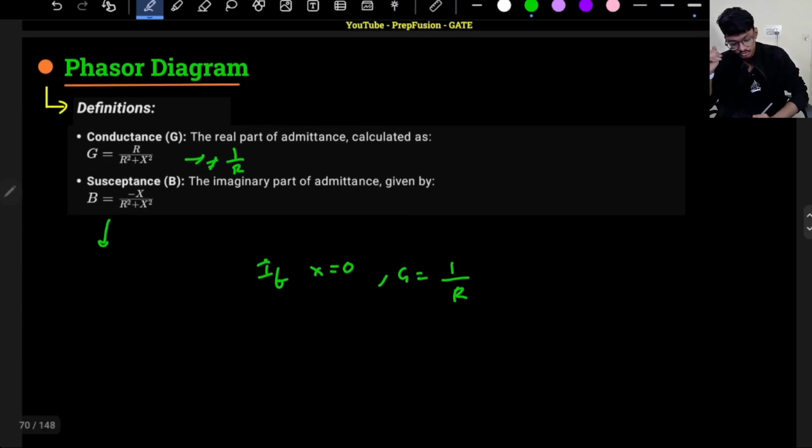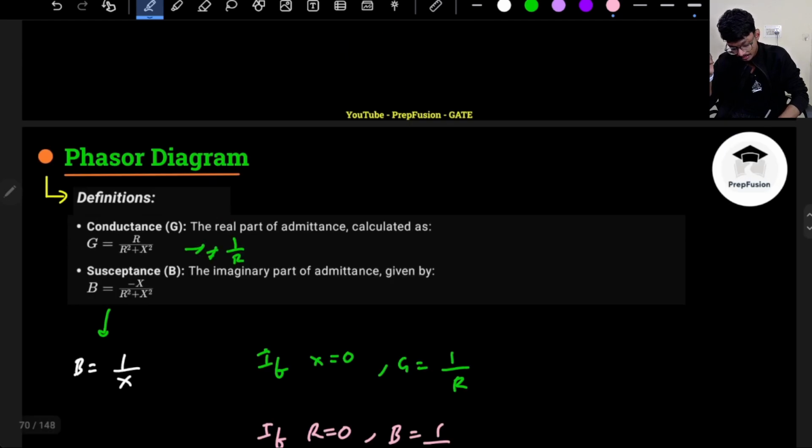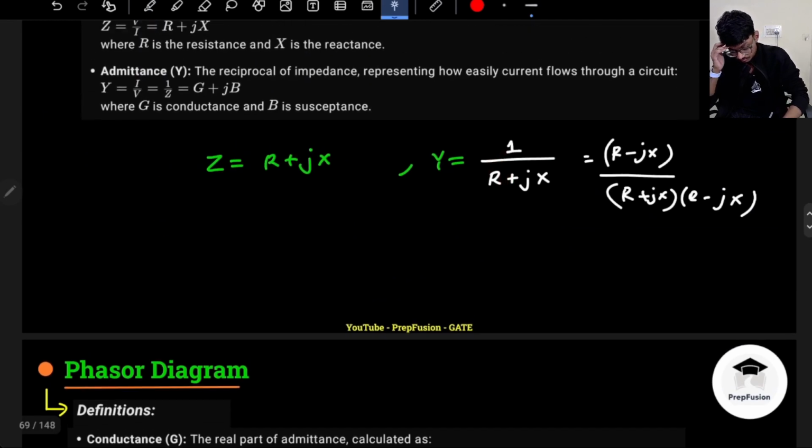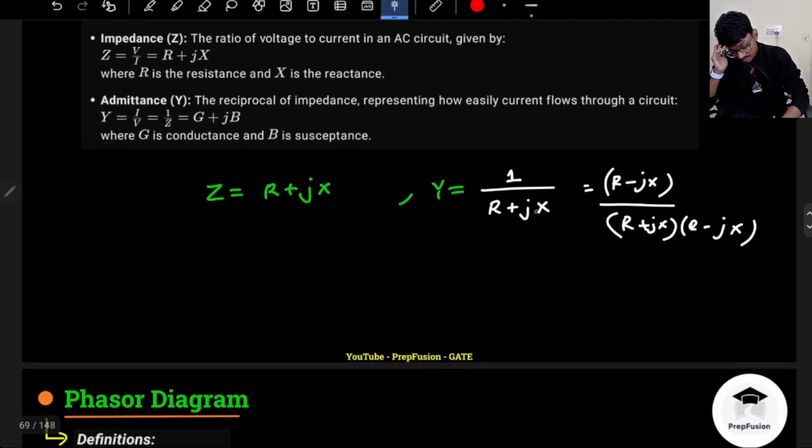Again here as well, many students get confused, they write the susceptance to be the inverse of reactance. It is not always the case. When will it happen? Again, same condition. If my resistive component R is 0, then my susceptance will be simply 1 by X. How does it happen? If the resistive component is 0, this becomes 0, right? So then my susceptance is 1 by jX and the minus sign will go up to the top.